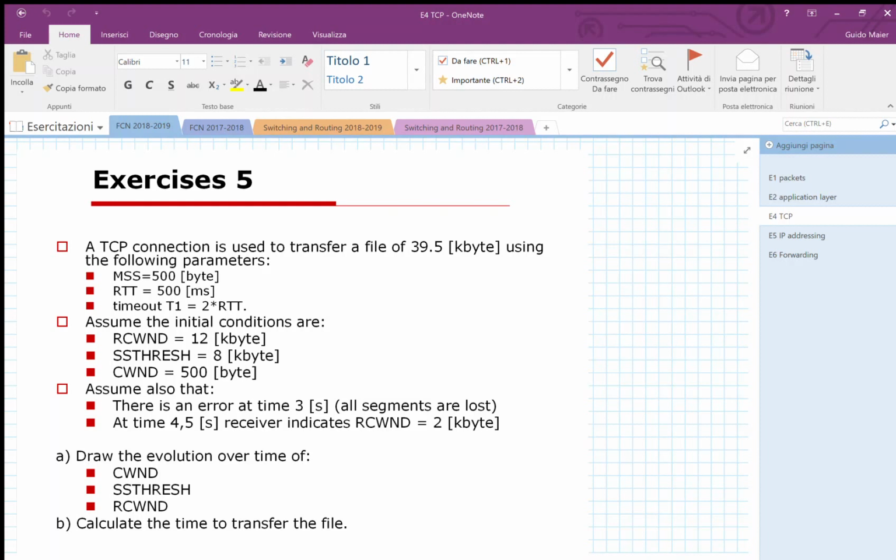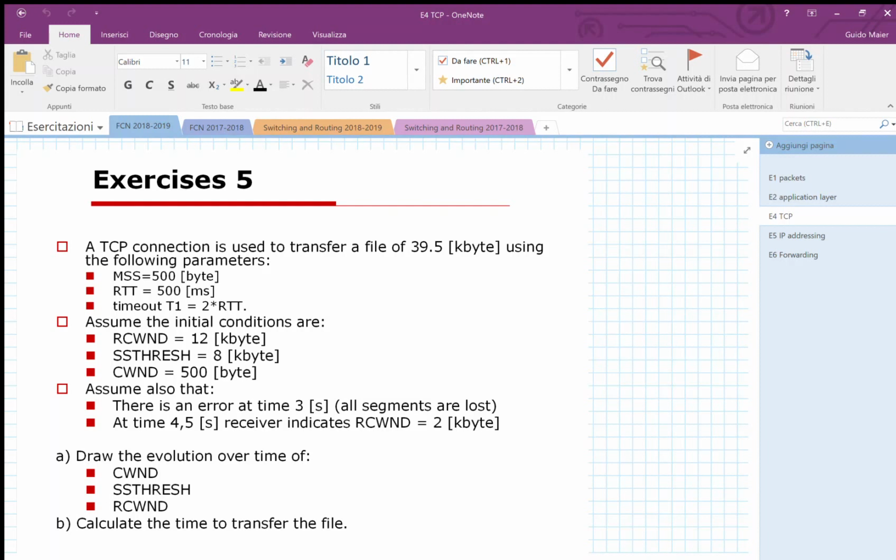And then the other initial conditions are the receive window size, slow start threshold, congestion window size. Then we assume that there is an error at time 3 seconds, and all the segments are lost due to this error, or the segments that were in flight, in transmission from the source to the destination.